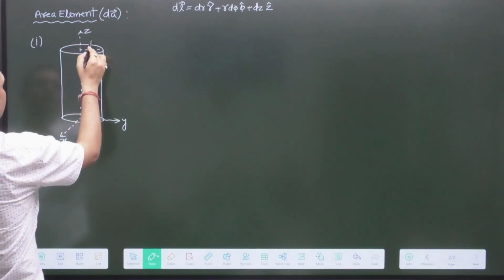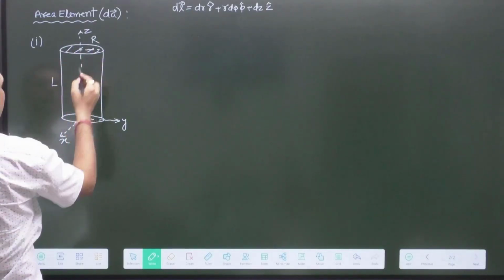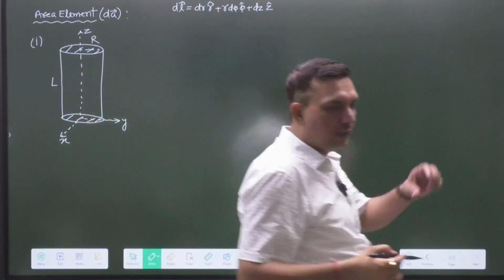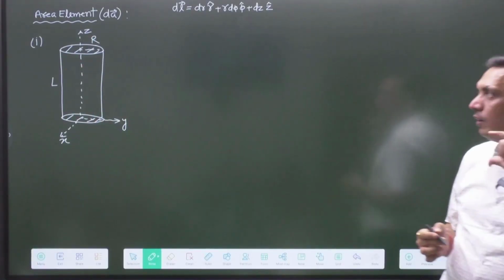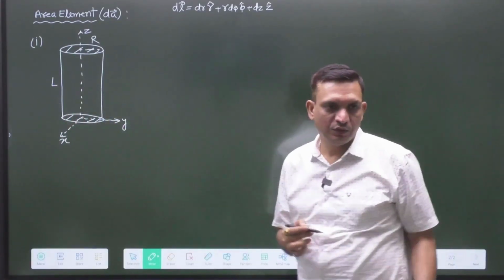This radius is r and this length is L. It's a closed surface. It's a solid cylinder of radius r, length L. It's a volume.